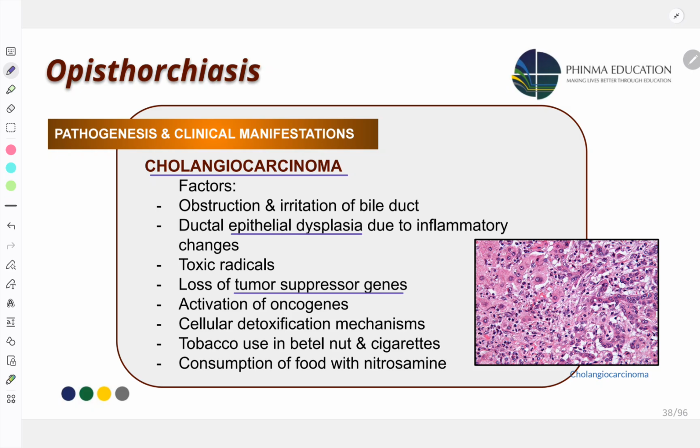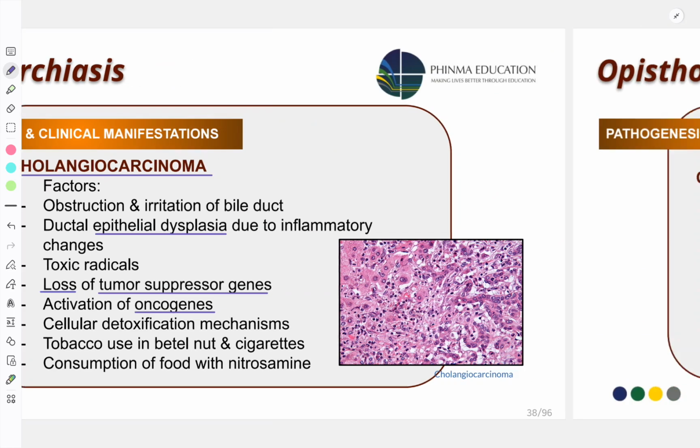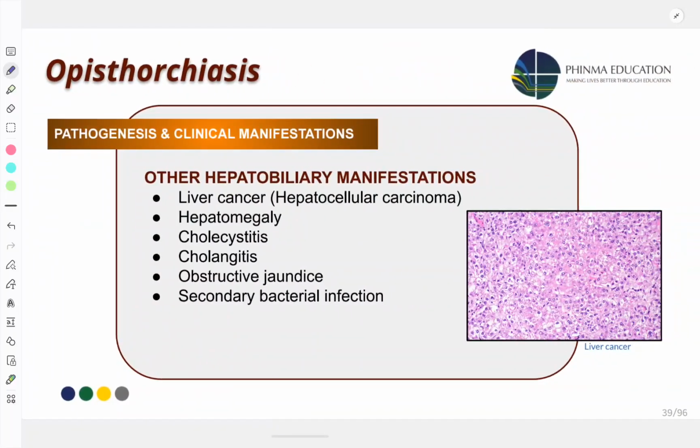Supposedly they stop your cells from becoming a tumor. But the constant multiplication causes loss of the tumor suppressor gene and activation of oncogenes. All in all, these are the factors that could lead to cholangiocarcinoma.